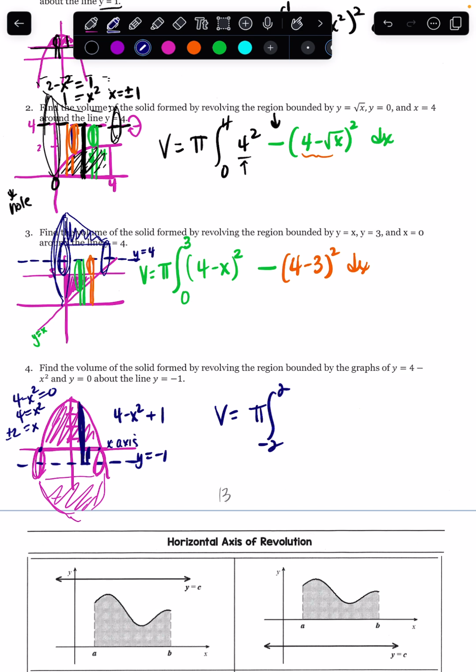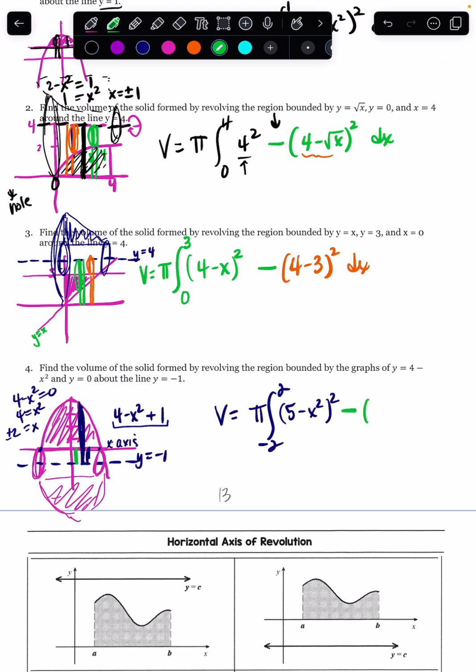Okay, so this is your first radius. So that is 5 minus x squared. Rotate that. And then here's the second one, this is your hole, right? The radius of your hole is 1.